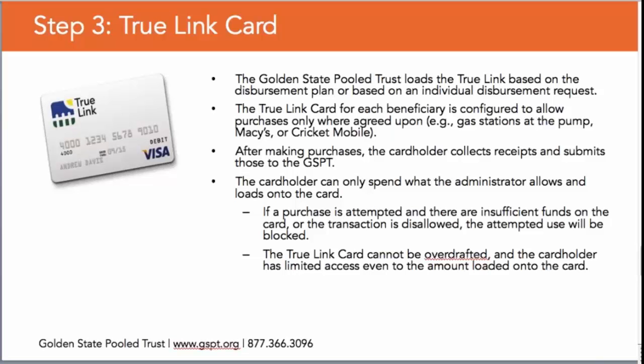So that's the TrueLink card, and we can talk a little bit more about how that works and show you how the system is set up. But the main relevance to disbursements is the balance that a trustee is constantly trying to strike, or a lot of the cases that we see, and certainly with the Golden State School Trust, is making it as easy for the beneficiary as possible to access their funds for allowed and approved purchases and improve their quality of life and improve their independence and not have to go to extraordinary measures just to get access to their funds.